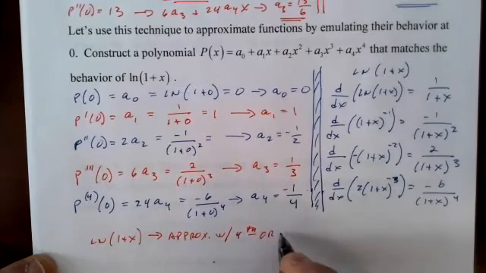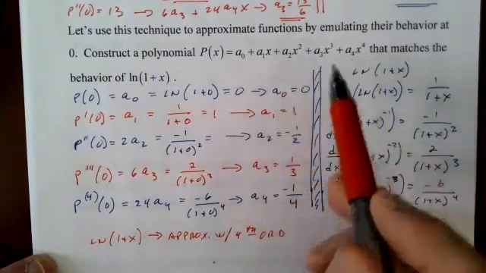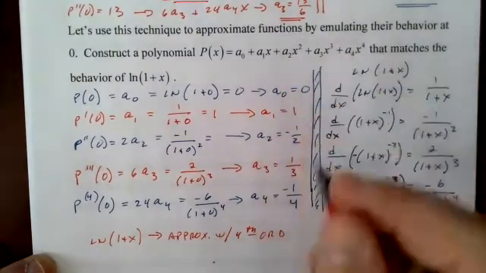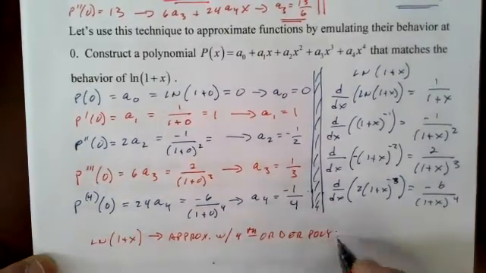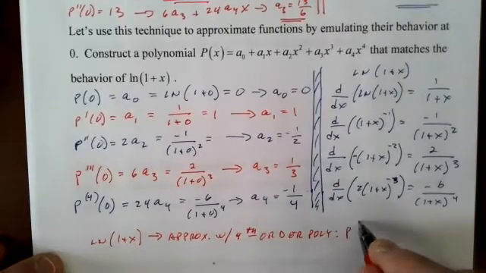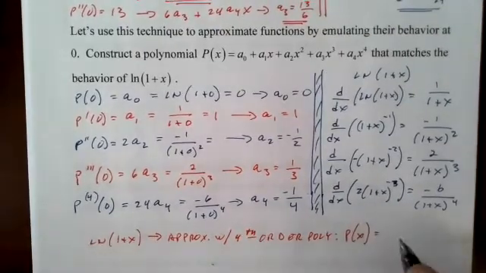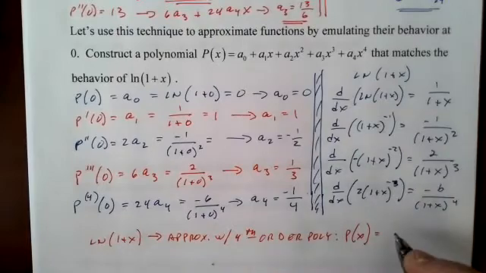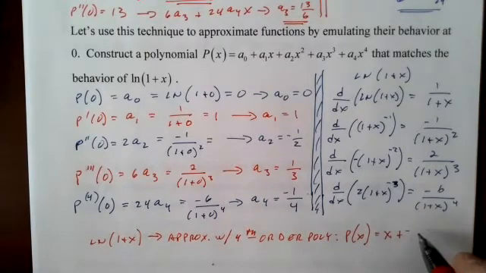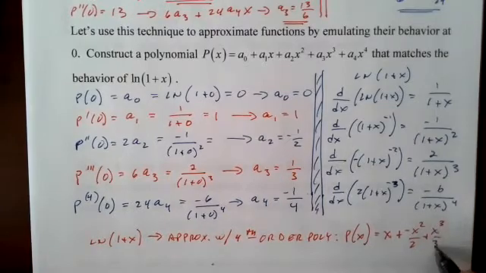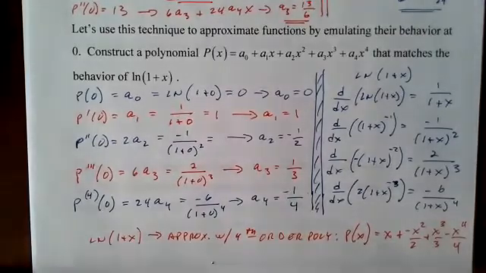This is going to pop up in your near future with 1, 2, 3, 4, 5 terms, but a fourth order polynomial equals 0 plus 1x minus x squared over 2 plus x to the third over 3 minus x to the fourth over 4. There it is.